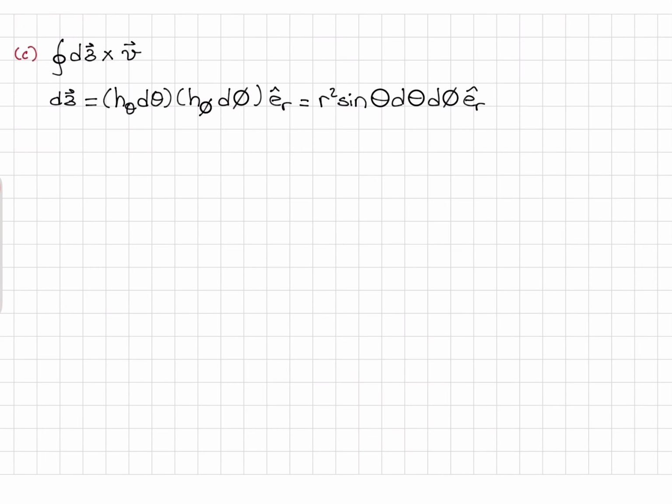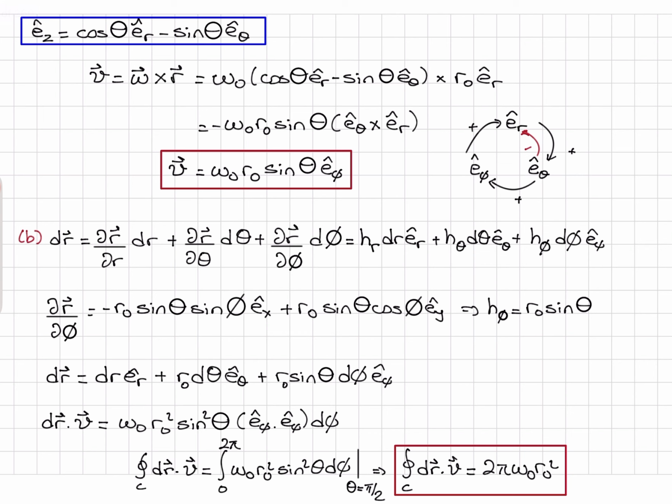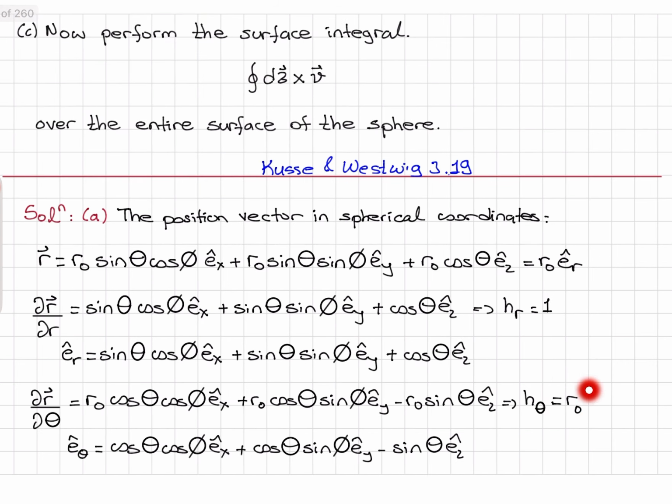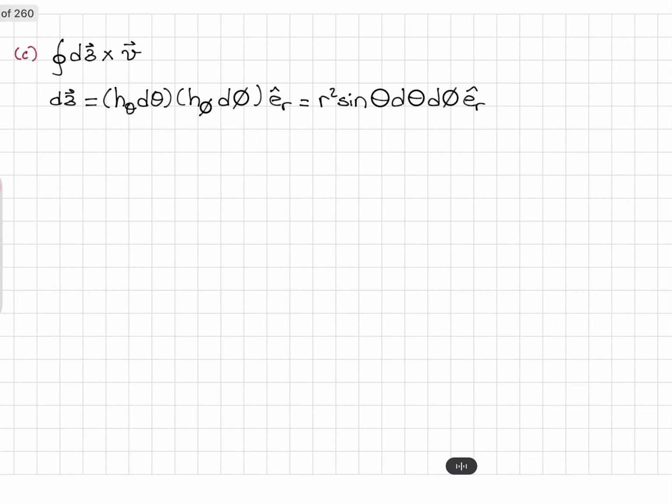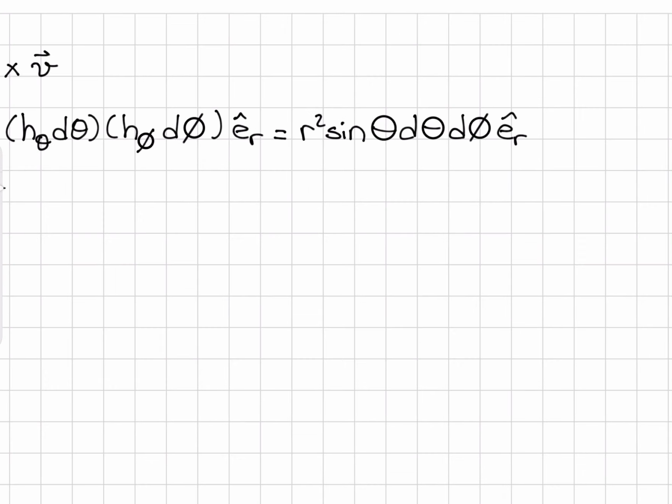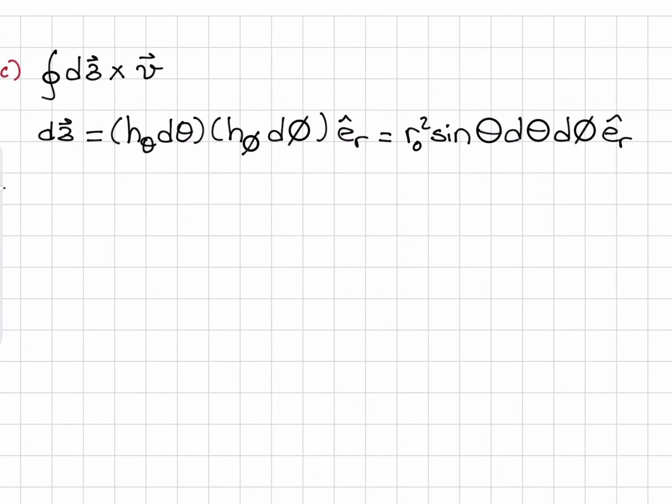So let's check our scale factors here. We found h phi to be r sine theta and h theta to be r, so the product is r square sine theta. Well, in this case, r is equal to r0, so it's going to be r0 square sine theta d theta d phi in er hat direction. Now our task is to calculate d sigma cross product with the velocity vector v.